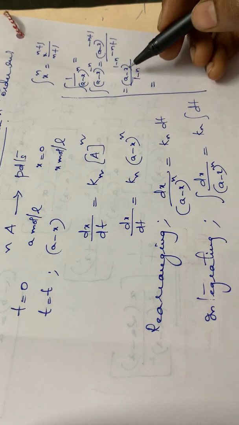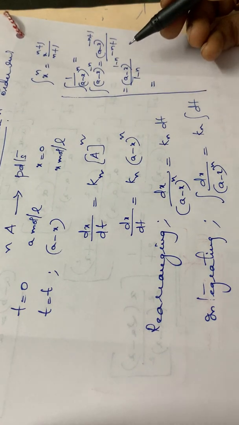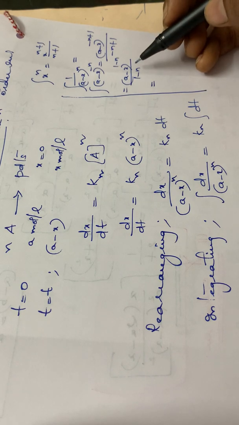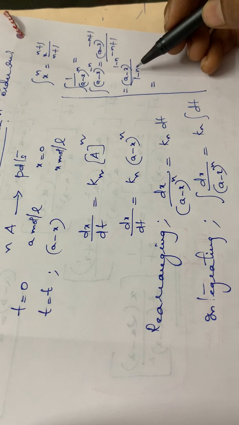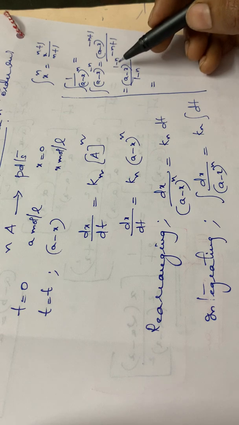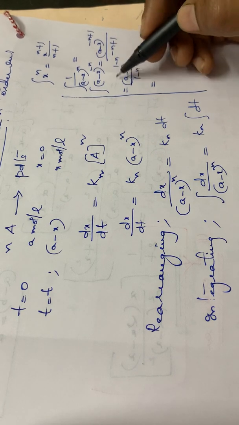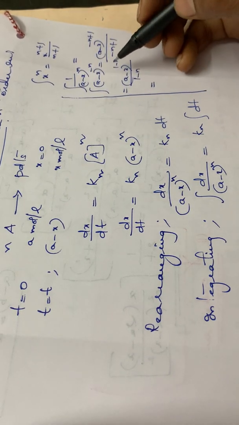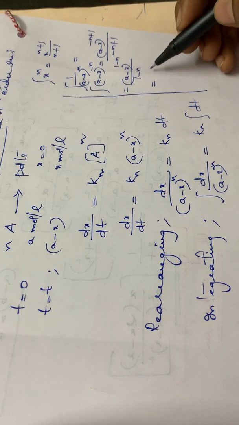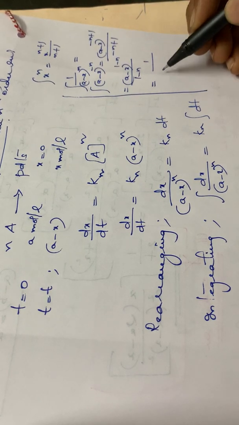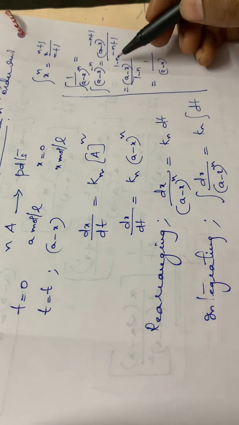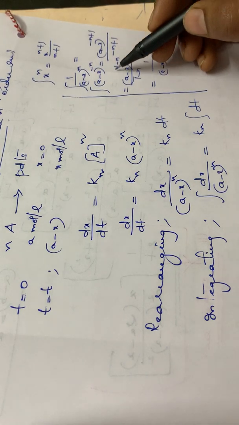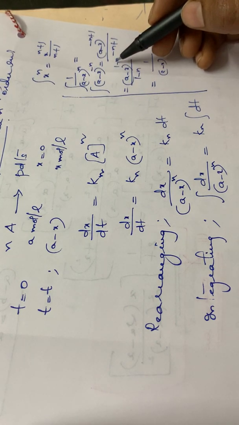Then again rearranging this equation, while taking one negative sign outside, you have to keep this particular term in the denominator. While this term comes to the denominator, it becomes 1 by (A minus x) the whole raised to n minus 1, isn't it? All the signs will be changing, so minus 1 plus n, isn't it?